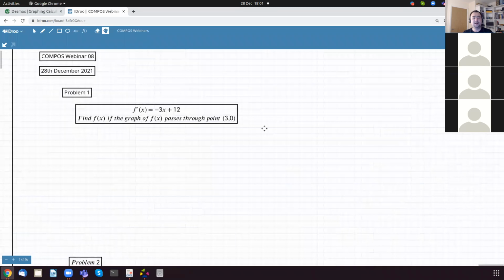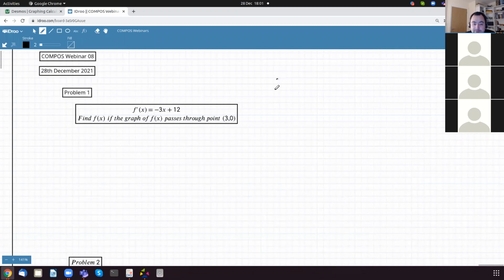Right, brilliant. So the first question is on integration, of course. It's about finding the primitive function, which is also known as the antiderivative function. So what is an antiderivative function?